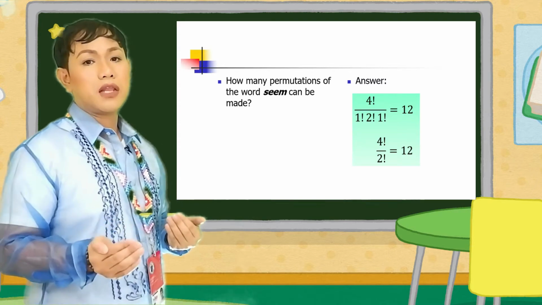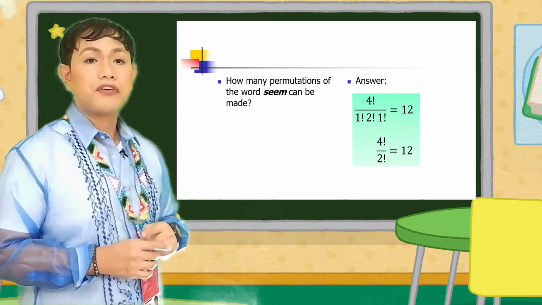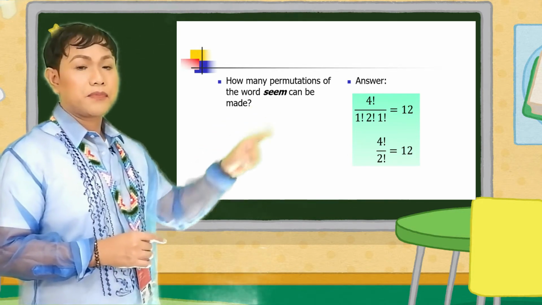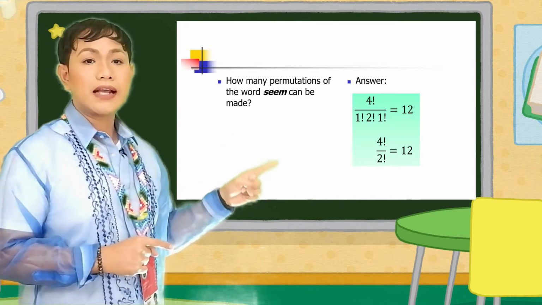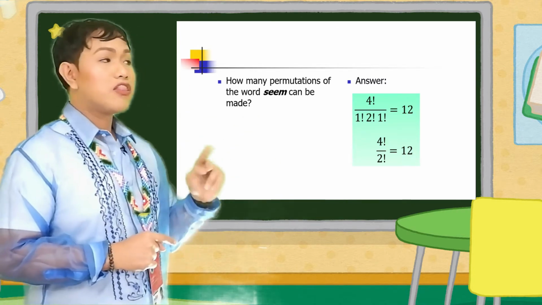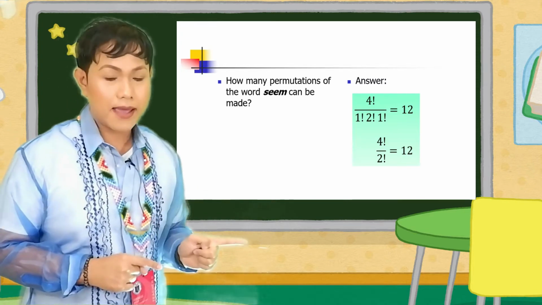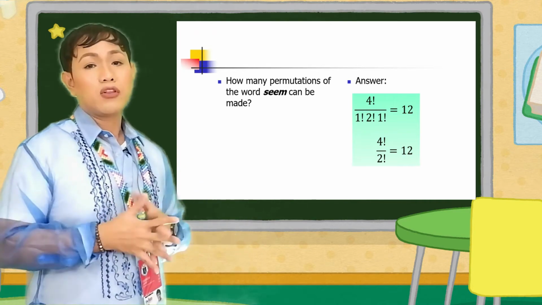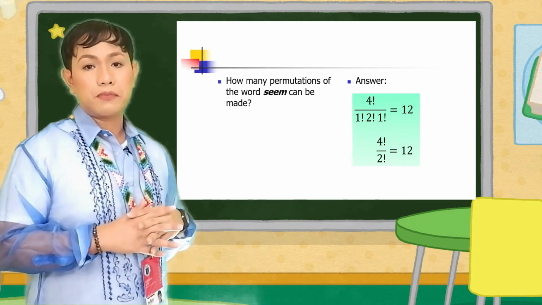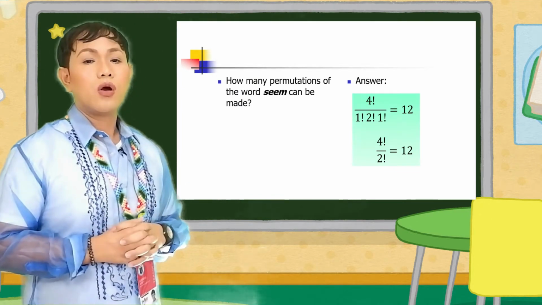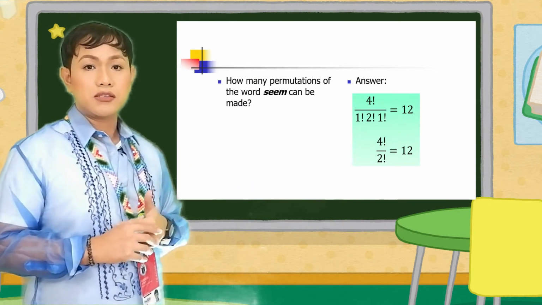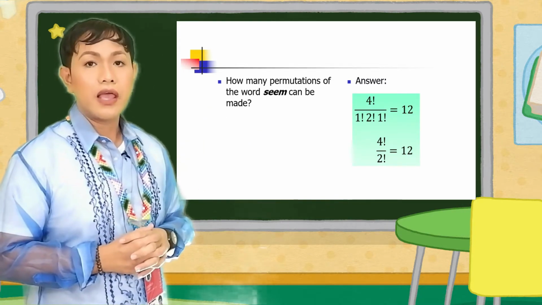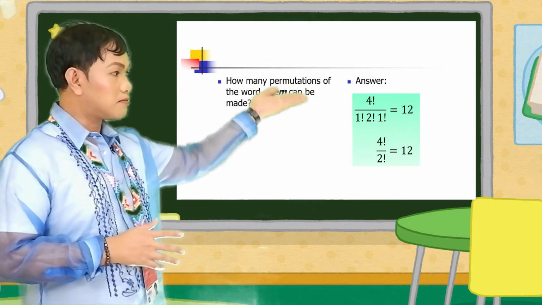Well, in the denominator, that first 1 factorial is actually for the letter S. Now that 2 factorial is actually for the 2 E's, and the other 1 factorial is for the letter M. So, we can just disregard the 1 factorials because they simplify to 1, by the way. We are only left with our solution to be 4 factorial over 2 factorial, and that is equal to 12. And for the full solution, we have it here.